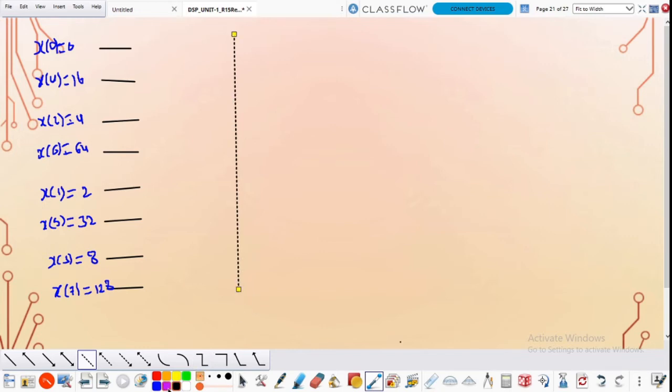Stage 1 output. According to the DIT FFT algorithm, these 2 samples are one combination.